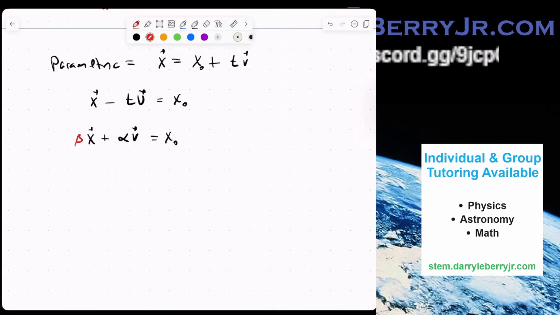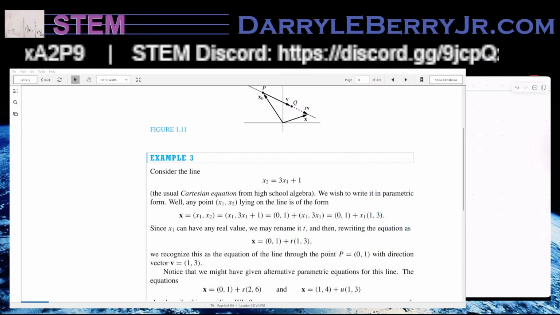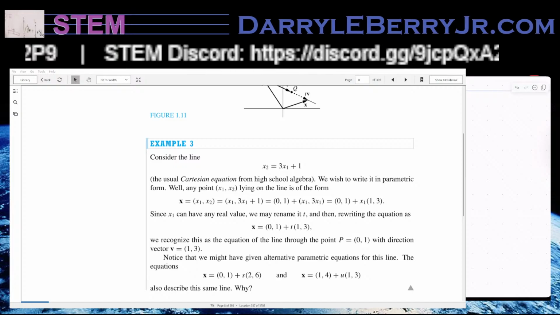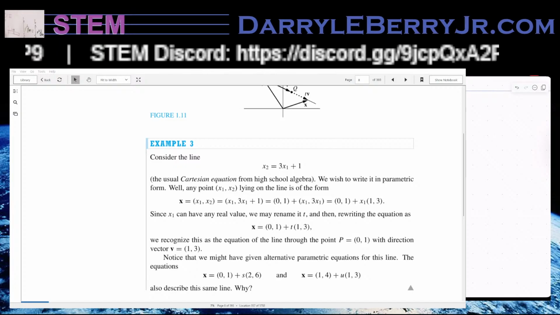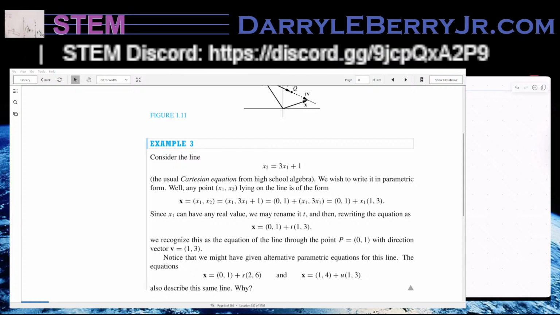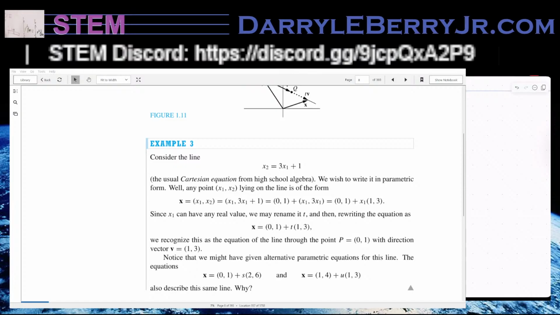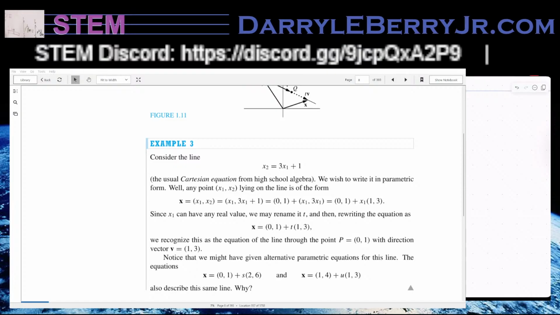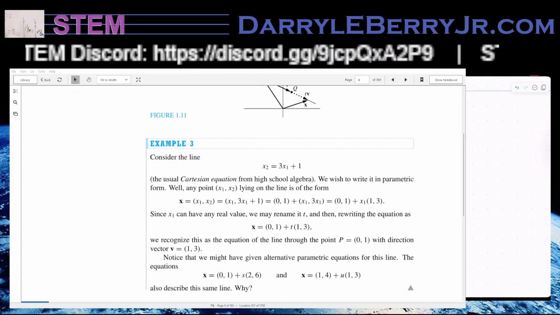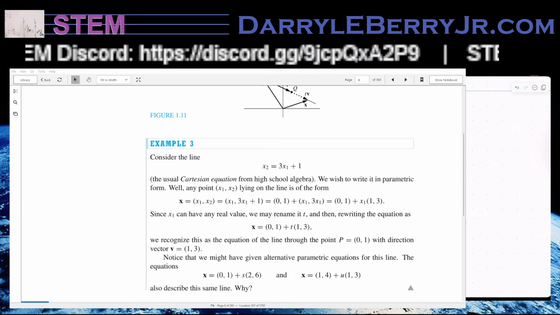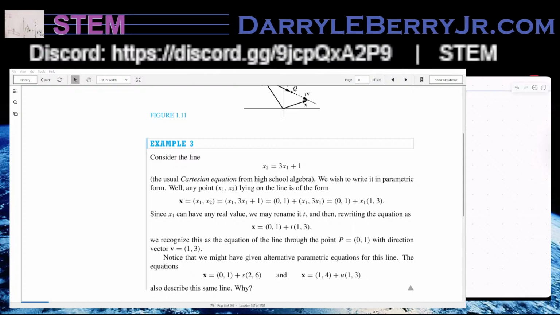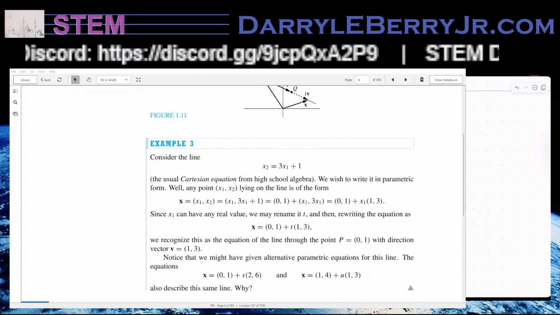So it says consider this line. Yep. So this is the Cartesian. So if they have y on one side, it's like they're doing a bit more to make it Cartesian.